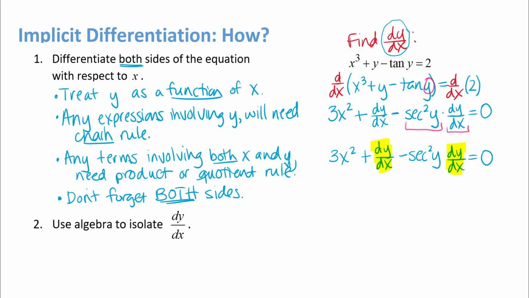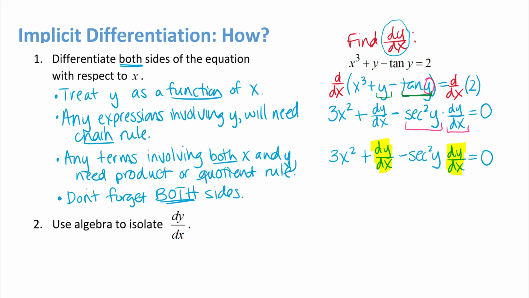The other thing I want to point out about that step is that those dy dx's came from when I differentiated terms involving y in the original equation. When I differentiated the y, I got dy dx, and when I differentiated this term involving y, the tangent of y, that's when I got an extra dy dx.